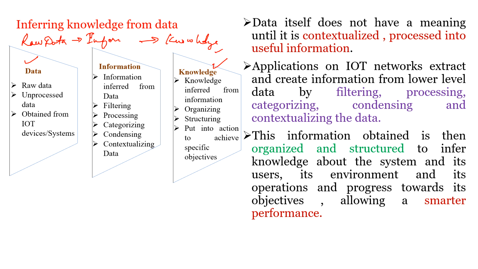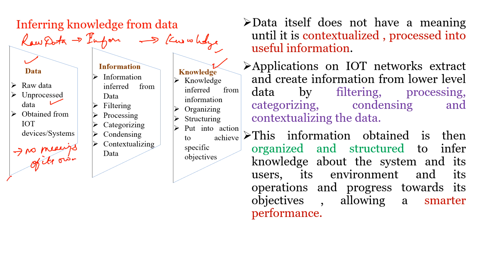So what are the different steps for inferring knowledge from the data? You know that data is raw data. It doesn't have meaning on its own. It is unprocessed data obtained from IoT devices and systems, for example weather monitoring systems or motion detection systems. It has no meaning of its own.